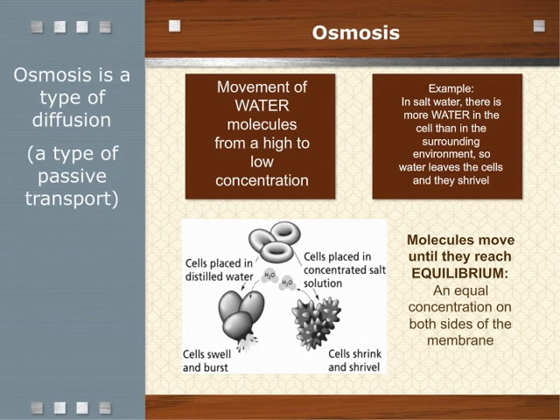So it's going to move from a high concentration in the red blood cells to a lower concentration in the salt solution. That means water is going to leave the cells and the cells are going to shrink or shrivel. Once again, this happens until equilibrium is reached, an equal concentration on both sides of the membrane.